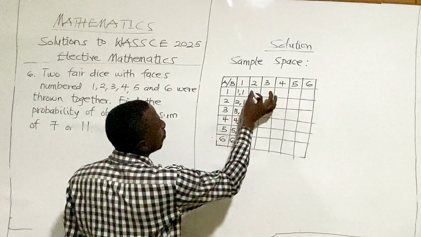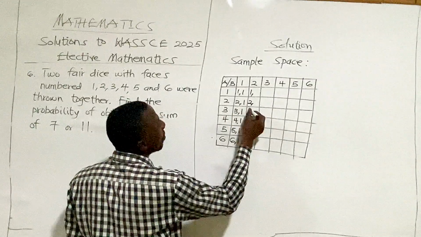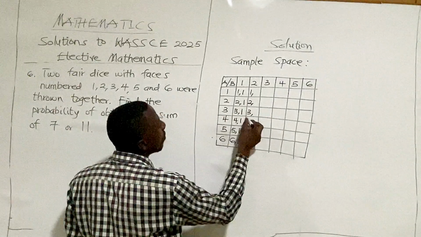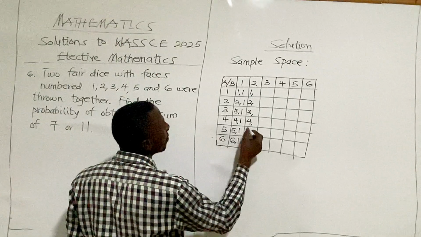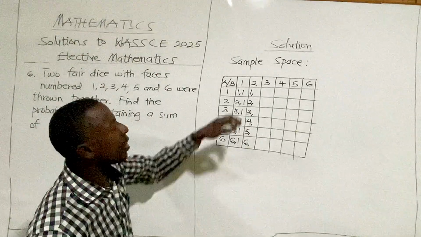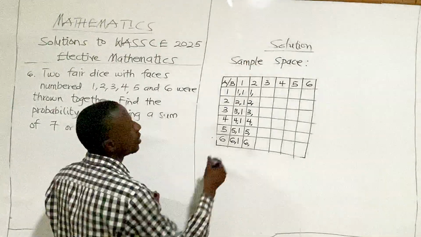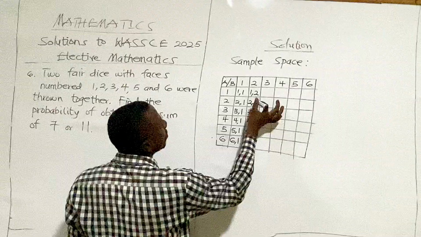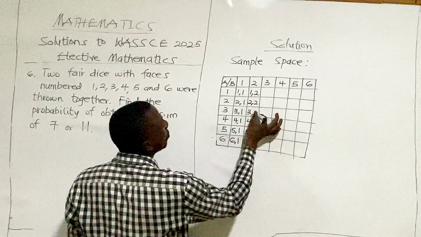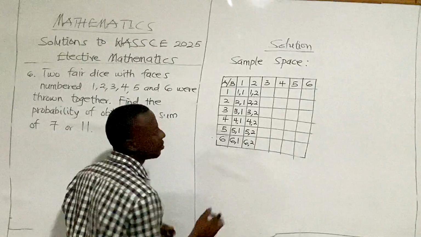Then here we still have 1, comma, 2, comma, 3, comma, 4, comma, 5, comma, 6, comma. Then we take the number here, which is 2. So the 2 will run through: 2, 2, 2, 2, 2, 2.